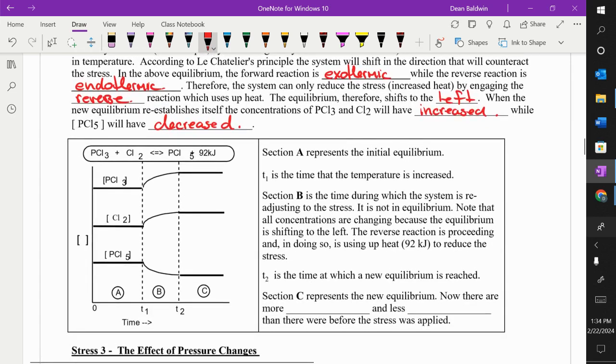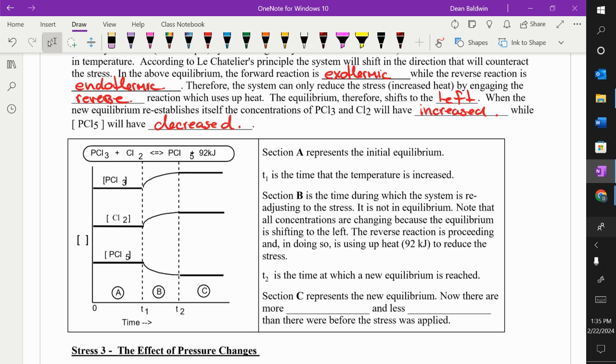So in the graph, here's the equilibrium. They're all flatline concentrations. You heat the system up, it shifts back this way. PCl3 gets produced, Cl2 gets produced, and PCl5 gets used up, so it decreases.